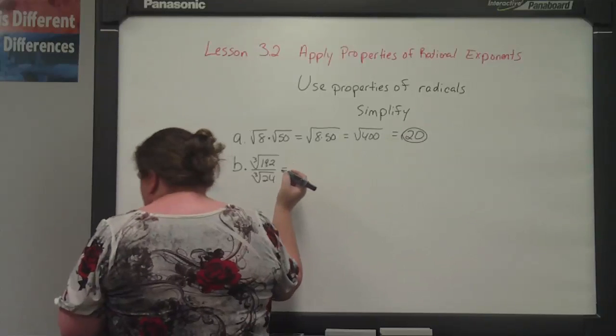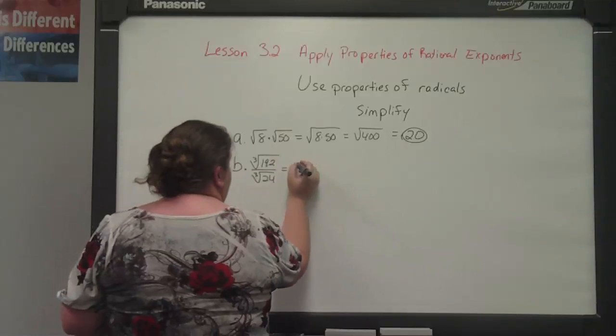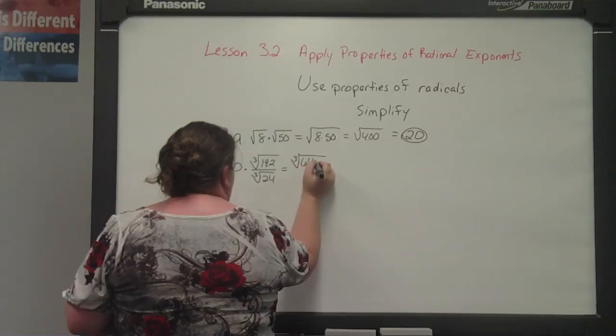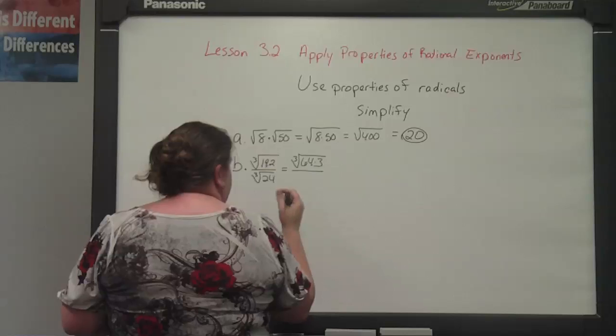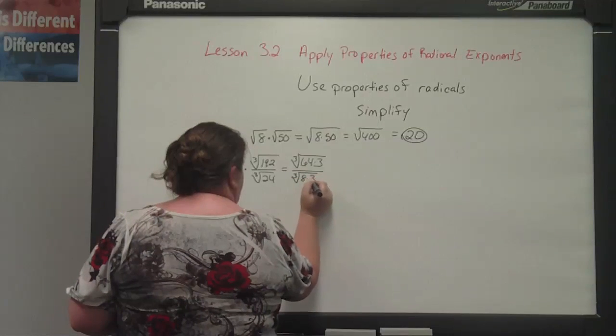And 192, we can rewrite as the cube root of 64 times 3. And again, the bottom is the cube root of 8 times 3.